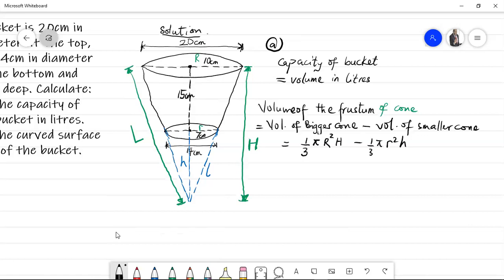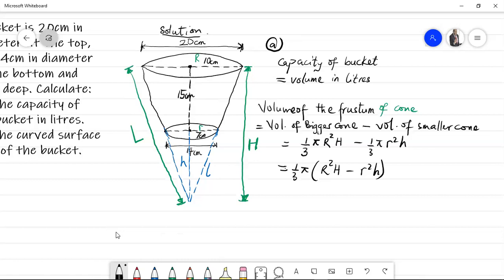To make the work easier, we can factorize 1 over 3 pi, which is common, and then have big R squared big H minus small r squared small h. Big R and small r, we know them. Big H and small h, we don't know them. So the first thing to do is to calculate the big height to proceed.